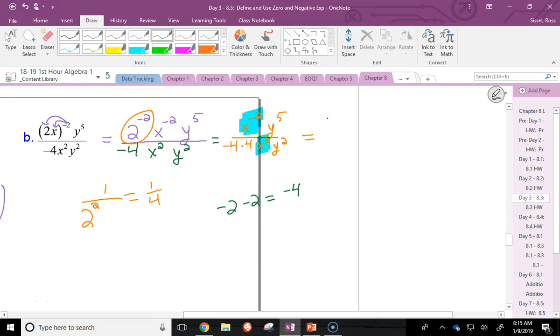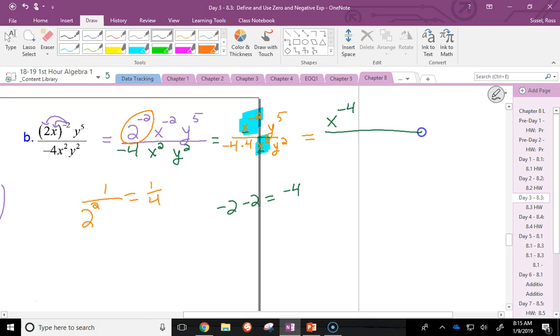So up top, I'd have x to the negative 4. This x squared is now gone because I'm combining my powers. When we're dividing, same base, x and x, subtract their exponents, and you stay on top. So it's x to the negative 4.